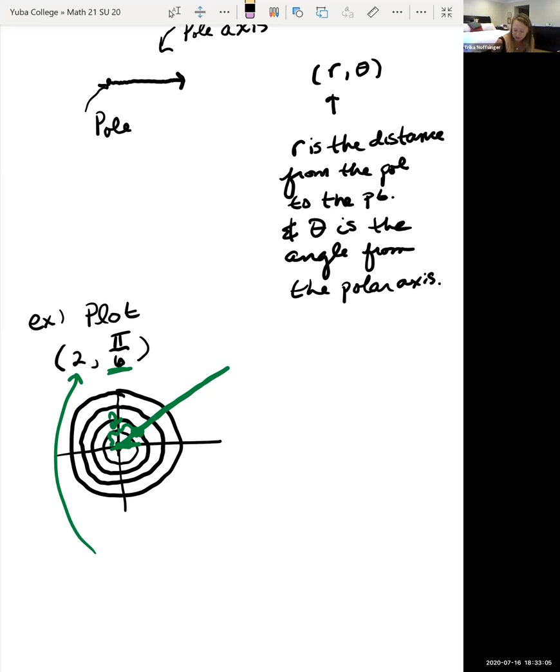So this is the number of circles if r is bigger than 0. It's in the form of (r, theta). This is the number of circles you would go out from the pole.